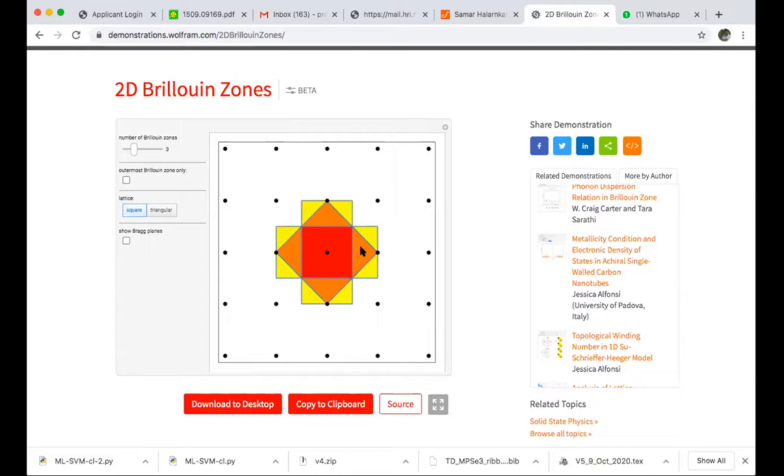And what will be the next Bragg plane? There are all kinds of Bragg planes. These are all equivalent. So these are Bragg planes, right? Yeah, these lines. In fact, if you want to see Bragg planes, just wait for a few seconds. It will show you all Bragg planes.